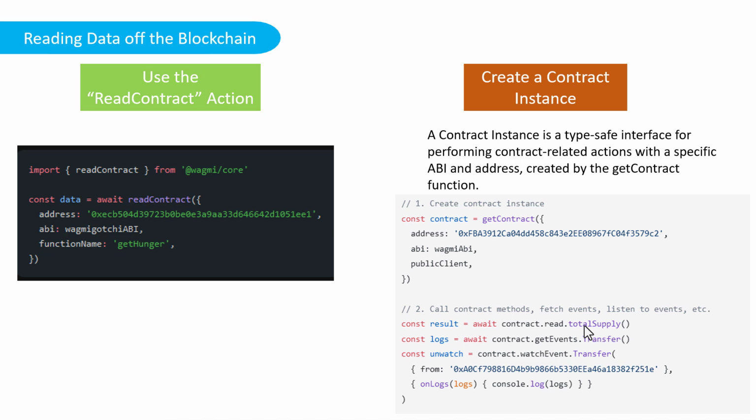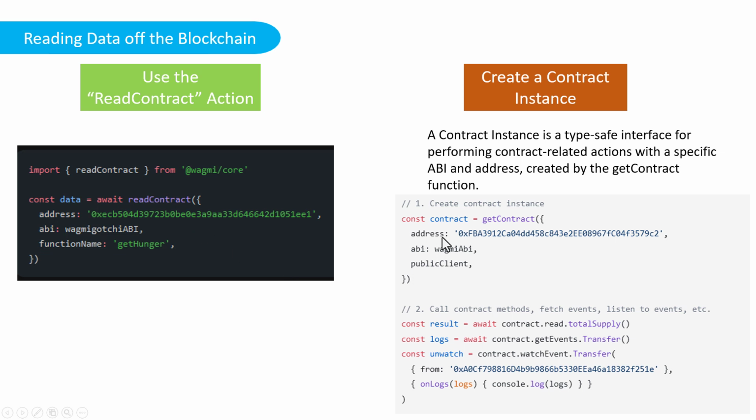So a contract instance has a read property through which you call read functions of the blockchain, and a write property through which you call write functions on any transactional type of function on the blockchain.